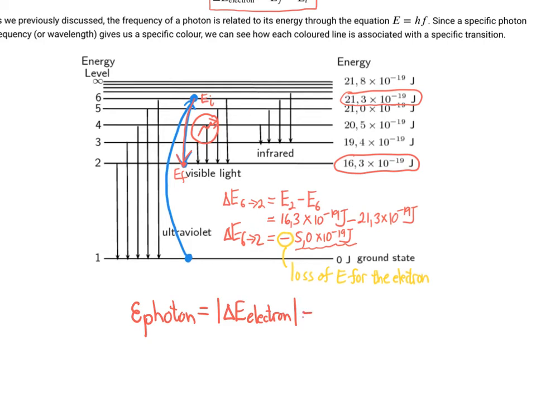So to expand this would be E final minus E initial of the electron.